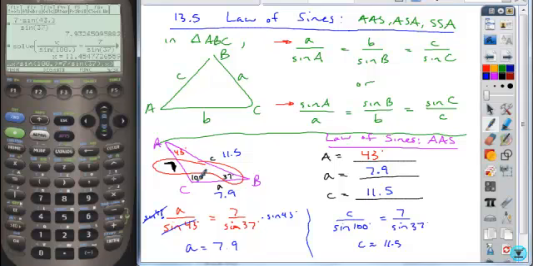Is our shortest side opposite the smallest angle? Yeah. So that's at least consistent. The other piece of information that can be used to check the consistency is that the sum of the two smaller sides always has to be greater than the longer side. So is 7 plus 7.9 greater than 11.5? Yeah. So again, that's consistent in that respect as well.